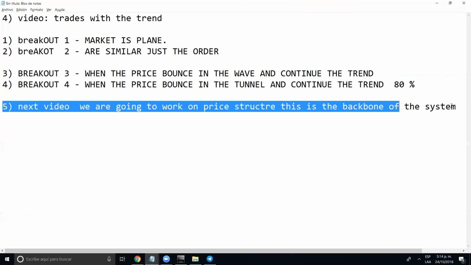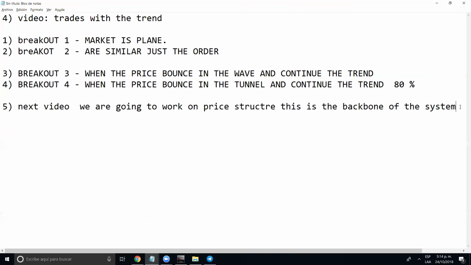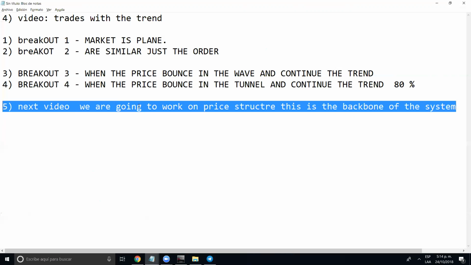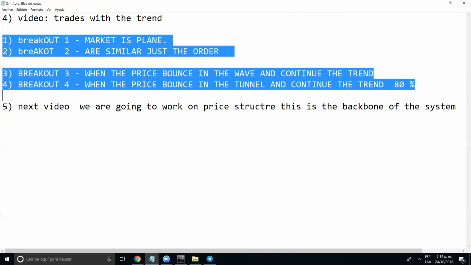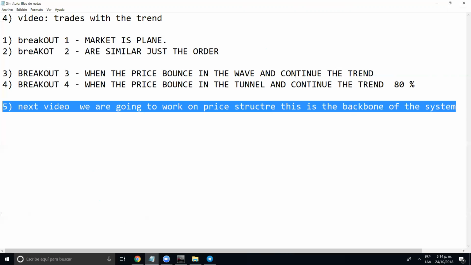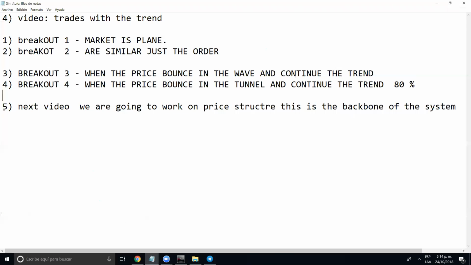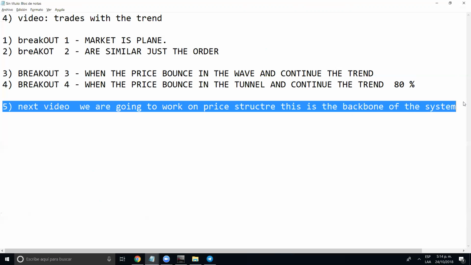This is the backbone. The first video was to identify the setups for the trade, but this video will give everything. This is the backbone, the fifth video, but we need to understand the system first. If we don't understand this, when we come here, it's going to be harder.